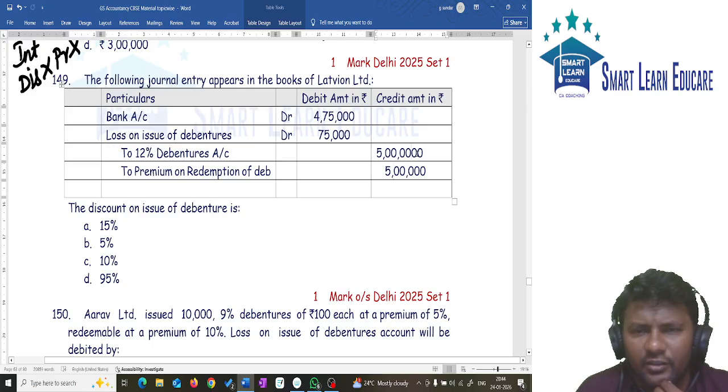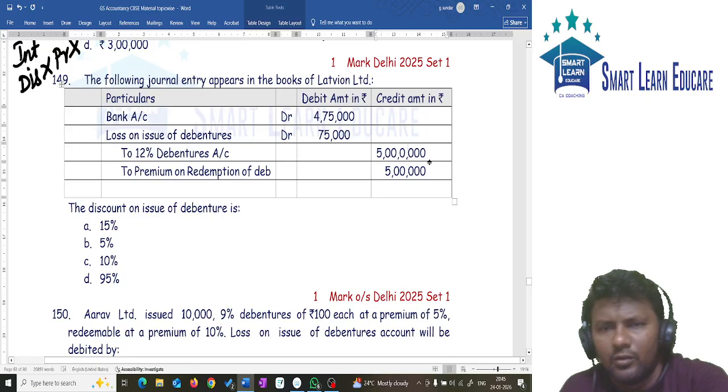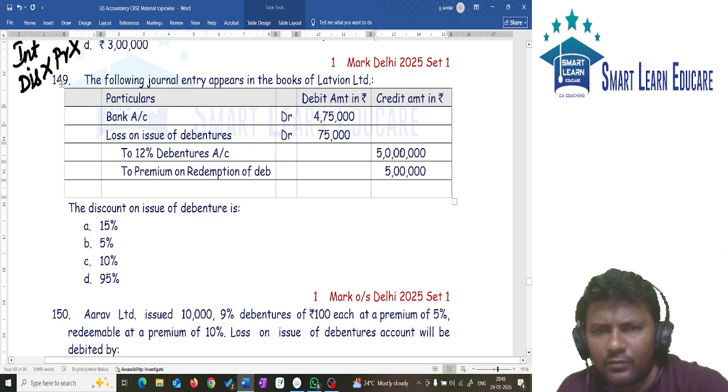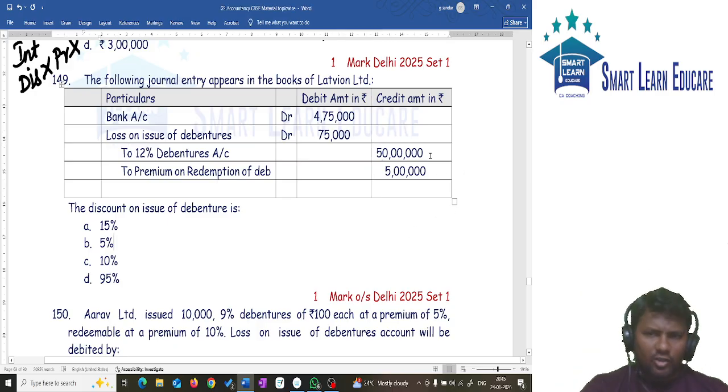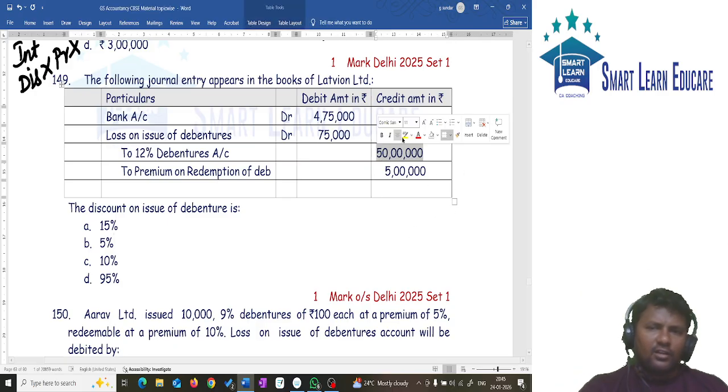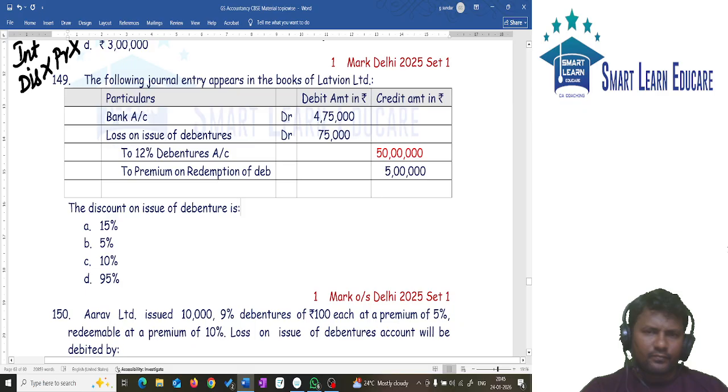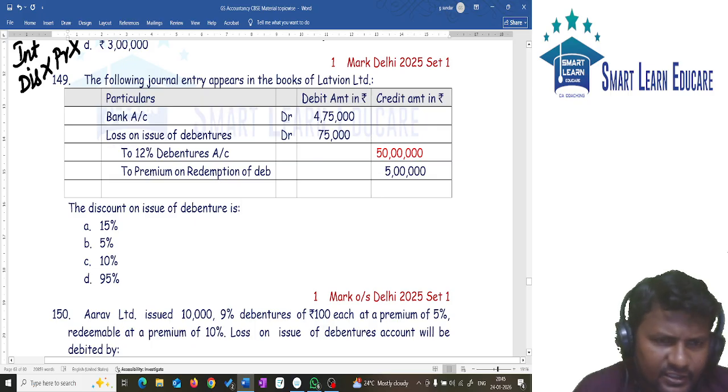Debenture amount is 50 lakh. And the premium, how much amount? 5 lakhs. Whether the entry is tallied?